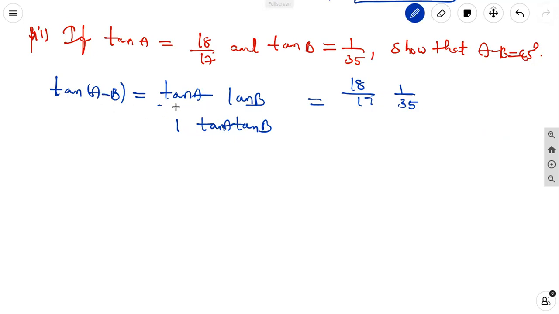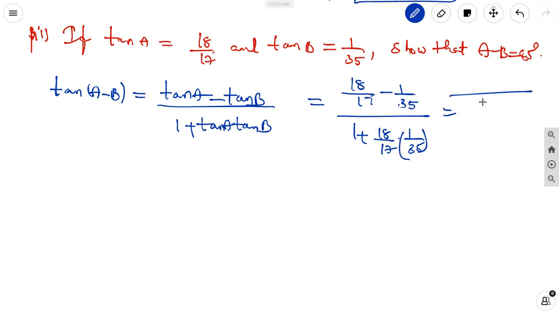Tan of A minus B is equal to tan A minus tan B by 1 plus tan A tan B. Here, 18 by 17 minus 1 by 35 by 1 plus 18 by 17 into 1 by 35.